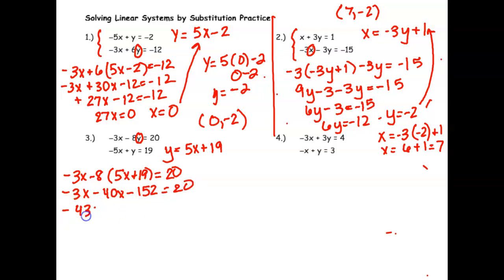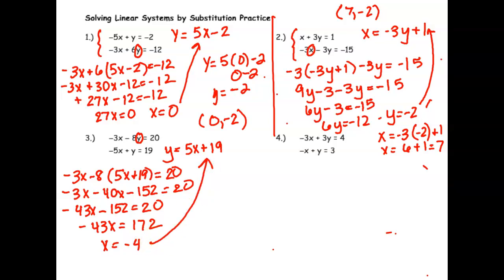Negative 43x, okay, minus 152 is 20, so negative 43x is equal to 172. Then when we divide by negative 43, we end up with x is negative 4. Okay, we plug that back in to get our y. Our y is going to be equal to 5 times negative 4 plus 19, which is going to be negative 20 plus 19, which is negative 1. So our solution would be negative 4, negative 1.